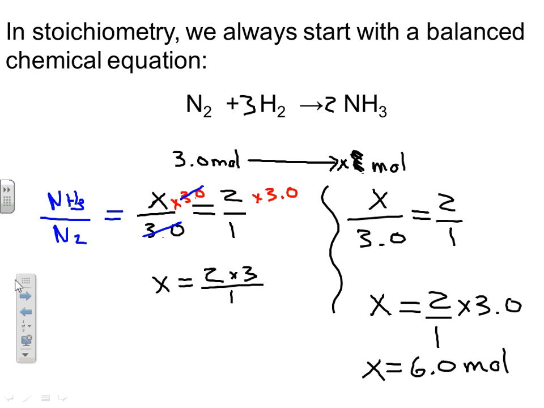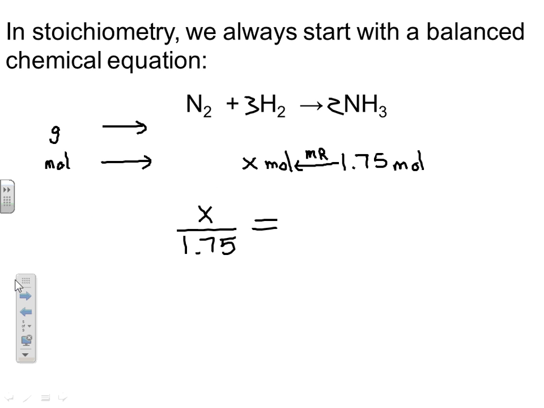You're going straight up to see what goes beside it. That might be a little confusing. X is with 2 and 3 is with 1. Here, X is with 3 and 1.75 is with 2.